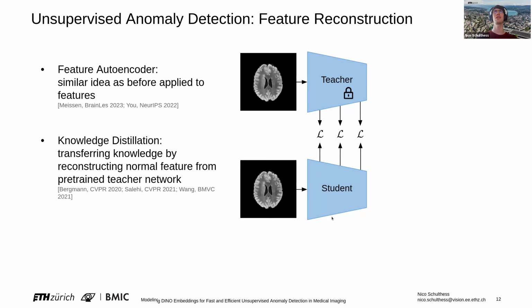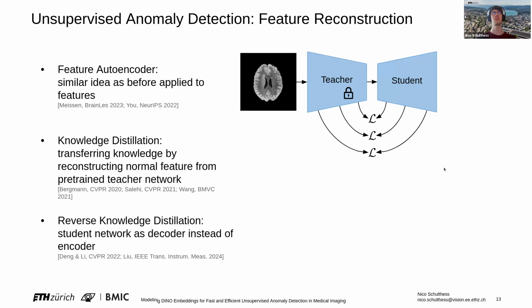However, to the student, you only distill the knowledge of the teacher on normal images. And this approach is brought even further to so-called reverse knowledge distillation setups, where the teacher and the student don't have the same architecture anymore, but are again in an encoding-decoding setup. However, the goal is still to minimize the discrepancy in the features.